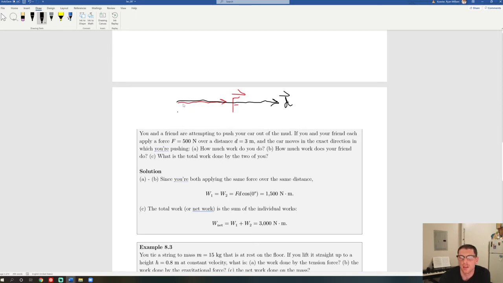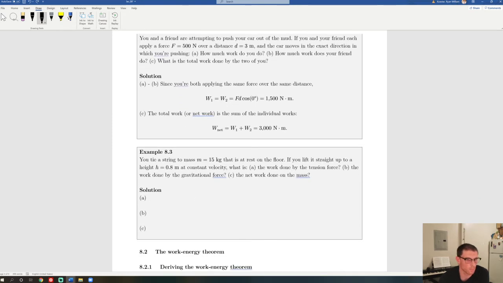It's just hard to do with the mouse. But I think you can see that what I'm trying to say is the angle between these two vectors is 0. And that's indeed what we used here. So it's useful to draw sketches when you're thinking about work, even though work itself is a scalar, right? Because it is calculated using two things that are vectors. Let me just clear that out. Okay, cool. So let's then look at another example.